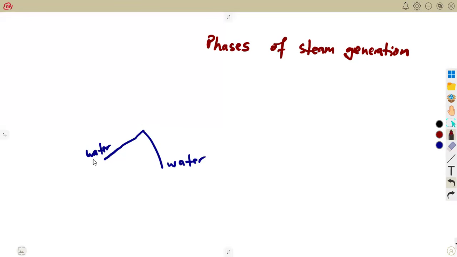When we have this water, the heat or the enthalpy that is going to be considered there is referred to as the sensible heat, which is the liquid enthalpy.